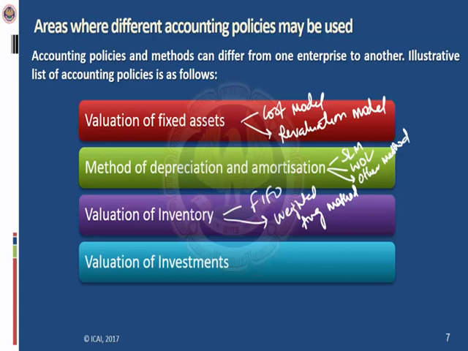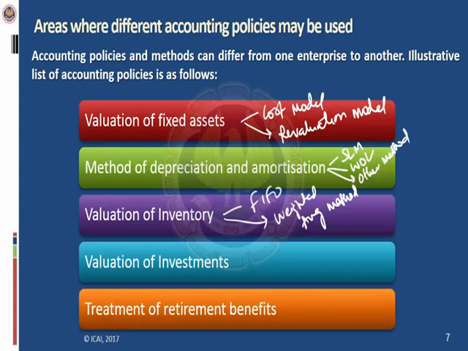But an entity has to disclose the significant accounting policies, that is, what the policy of valuation of investment is, so that the user can understand that since this is a current investment, a short-term investment, the entity has applied cost or market whichever is lower, and this is a long-term investment, so the entity has applied a cost model.